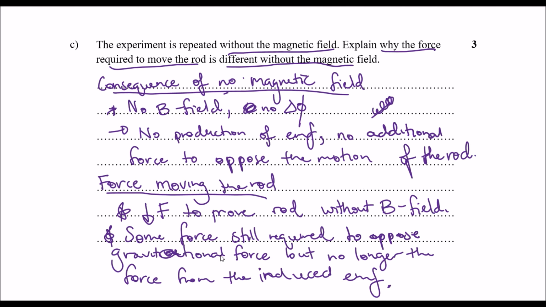We still need some force to push the rod up because we still need to go against the gravitational force, but that is not accounting for any induced EMF, as we don't have any EMF being induced in this example anymore. Hopefully this explains to you how to go through this question.